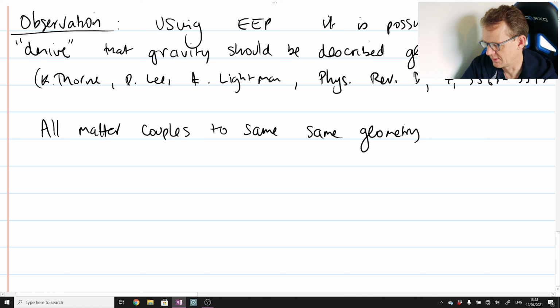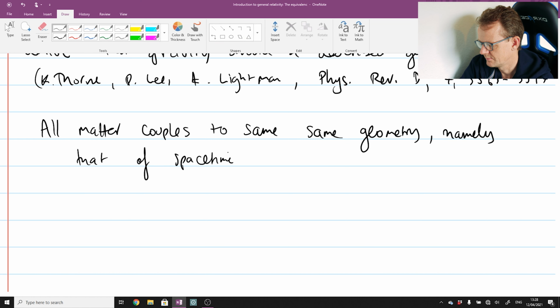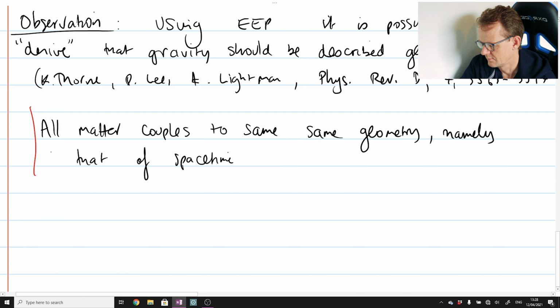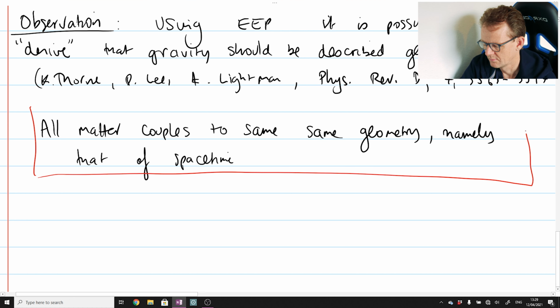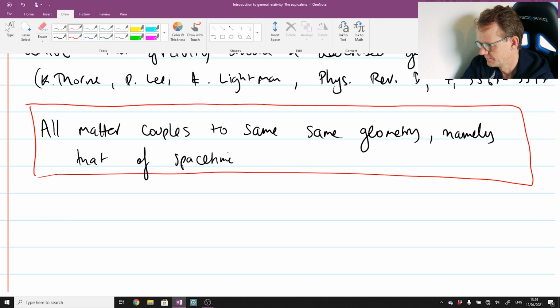We will be able to as we go through this course. And what geometry? Namely that of space-time. When you formulate all these other aforementioned theories geometrically, you don't see that. This is something very special about general relativity.